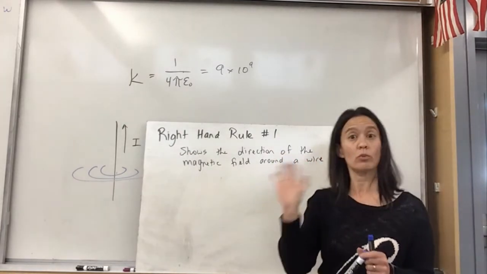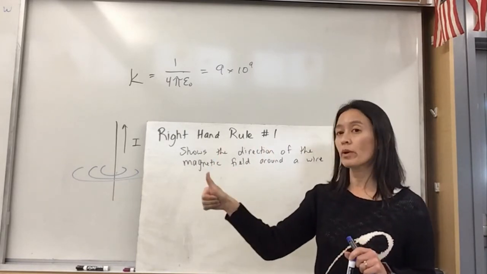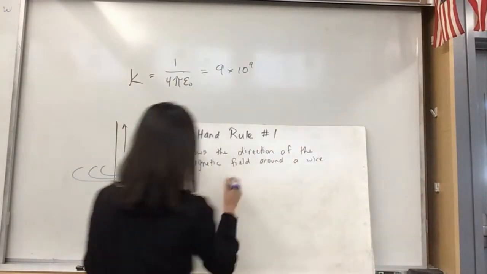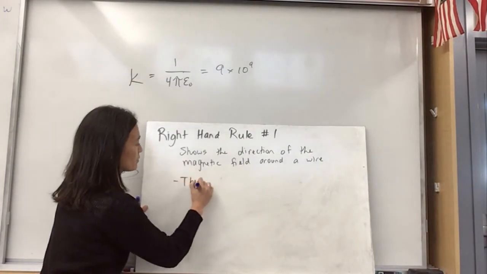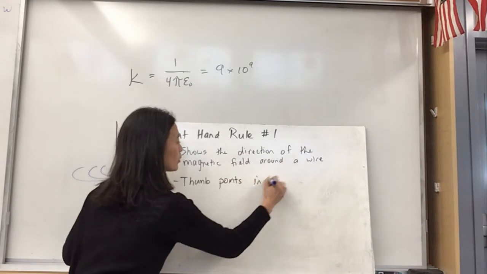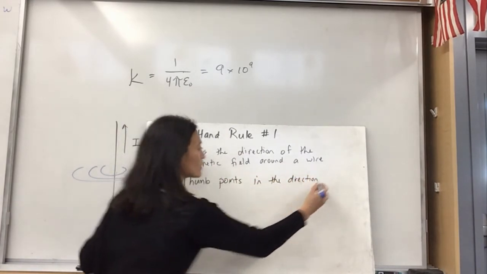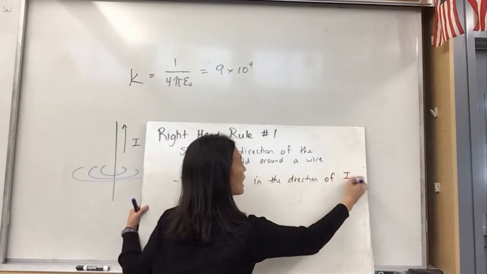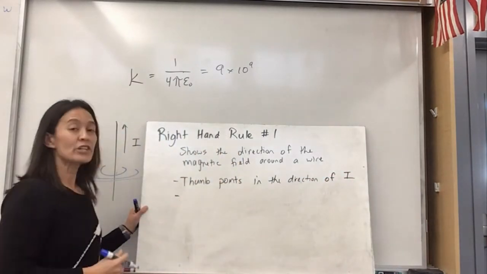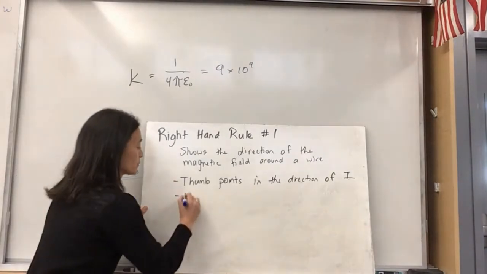You have to use your right hand, so it's called the right-hand rule. Your thumb is going to point in the direction of the current, I. And your fingers will then naturally curl around in the direction of the magnetic field.